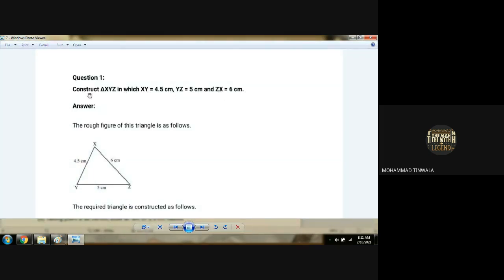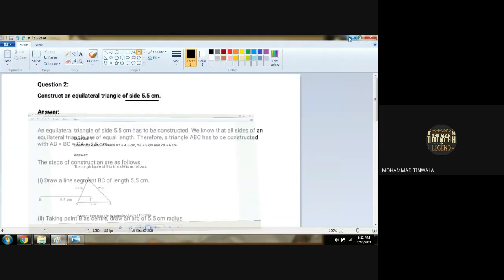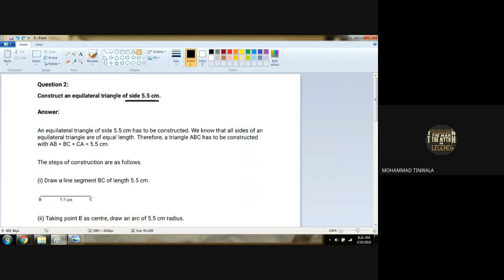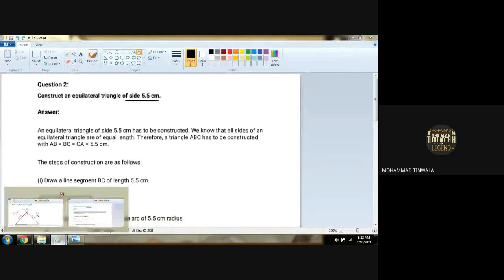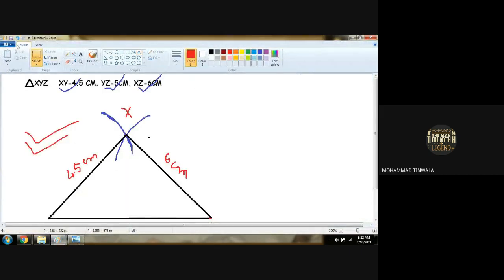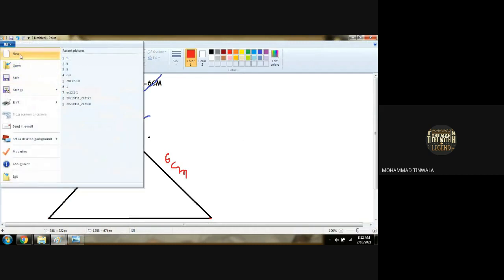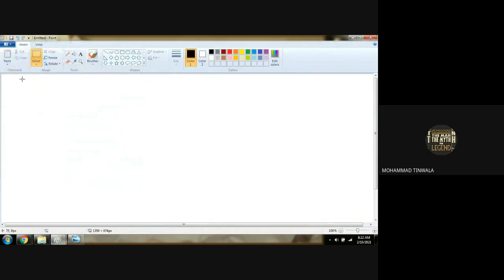Are you getting? In question number 2, what is the content? It is an equilateral triangle which side is 5.5 centimeter. That means now we have to construct a triangle which is an equilateral and all the sides will be 5.5 centimeters. So let's suppose we have to fulfill the triangle ABC.